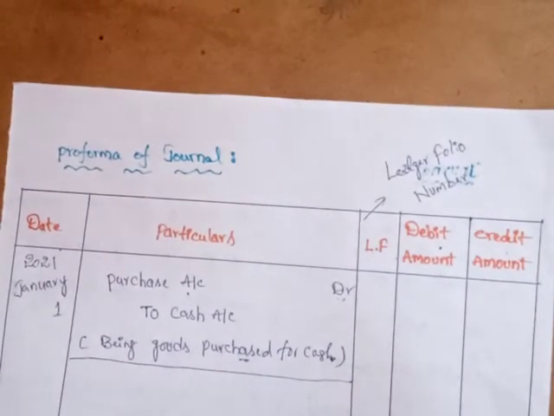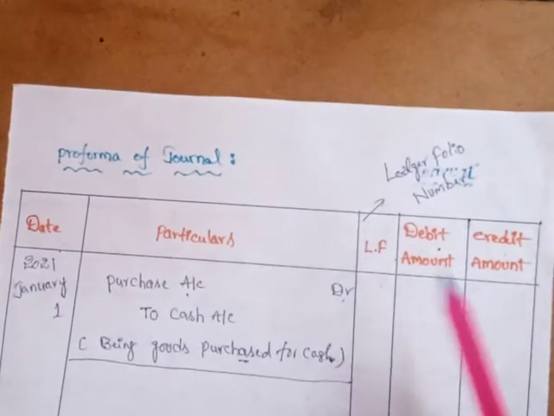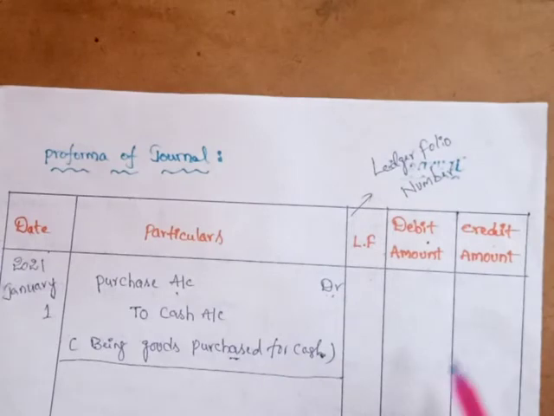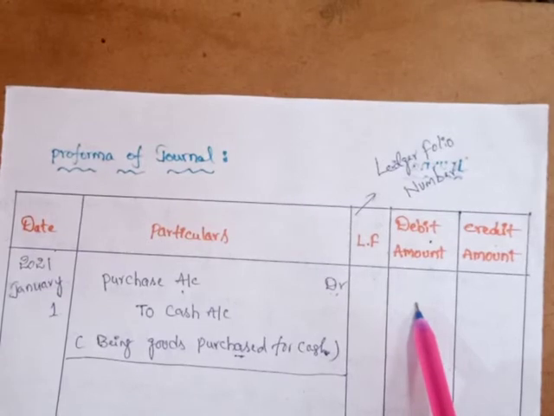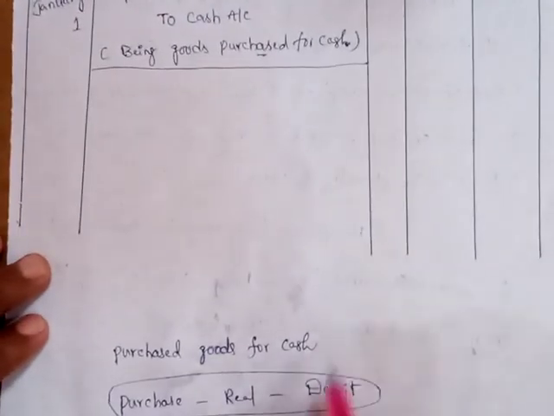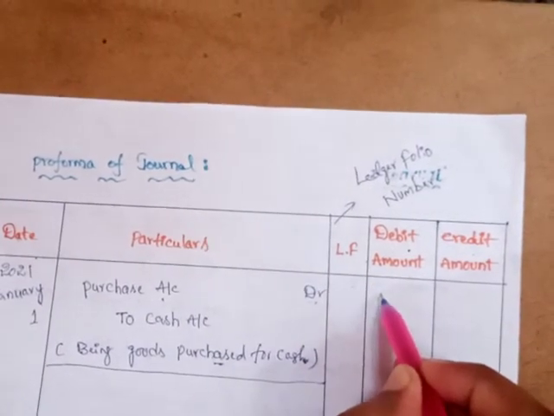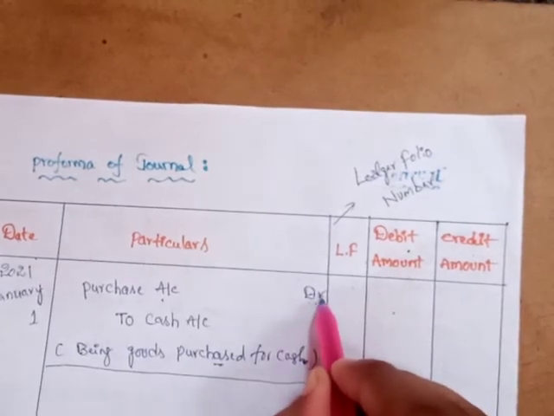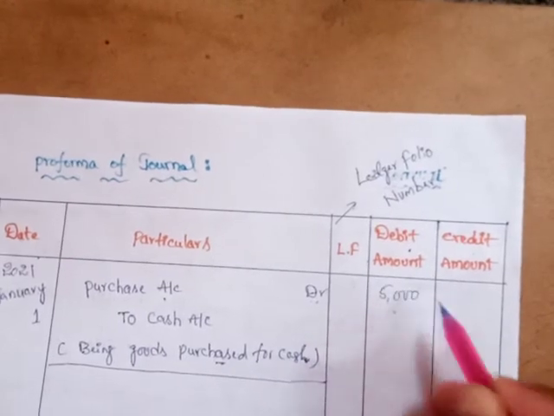And next, LF number column. Ledger folio means page of the ledger in which the entry is posted. That is ledger folio number. And next, debit amount column. In this column, the amount to be debited is written against the debit entry. For example, purchased goods for cash, amount is 5,000. So in that case, we should write the amount against the debit line, in debit amount column, 5,000.